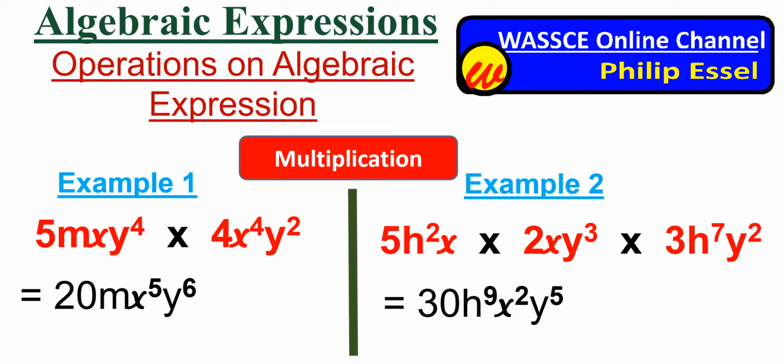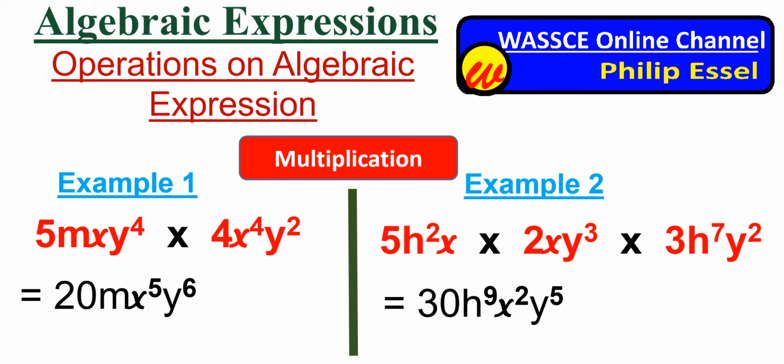So we have h exponent 2 times h exponent 7. That will give us h exponent 9. So we are done with the h. We would have to go to x. At the first level, we have x without any exponent, so that's x exponent 1 times the next is x, also exponent 1.